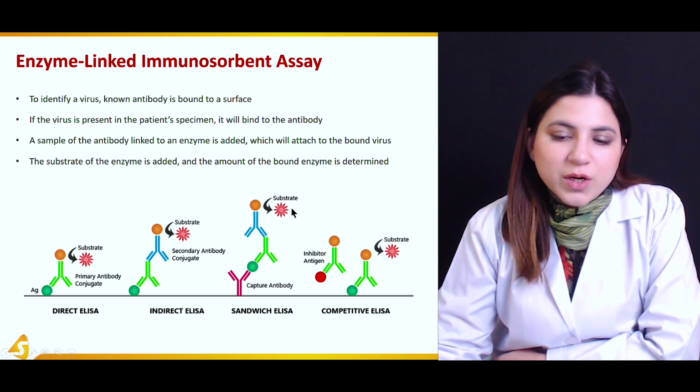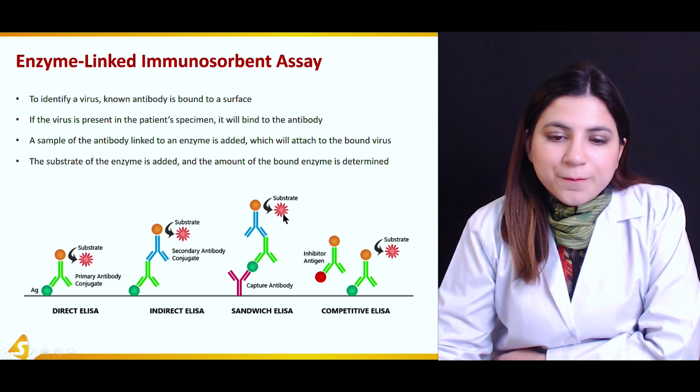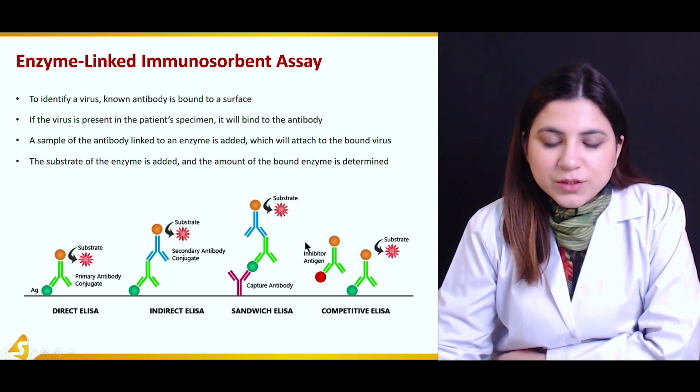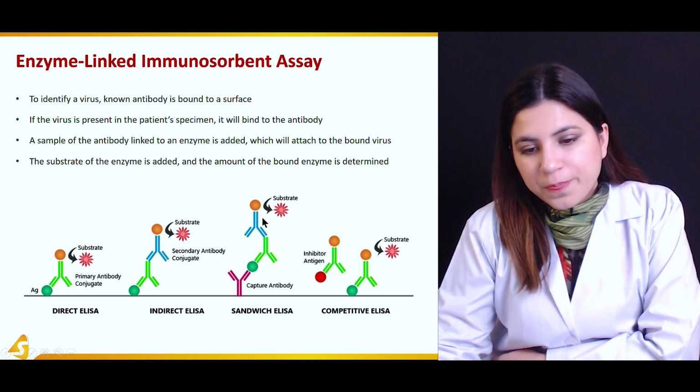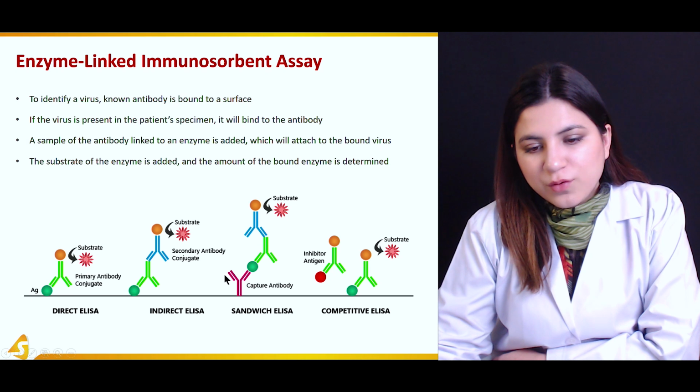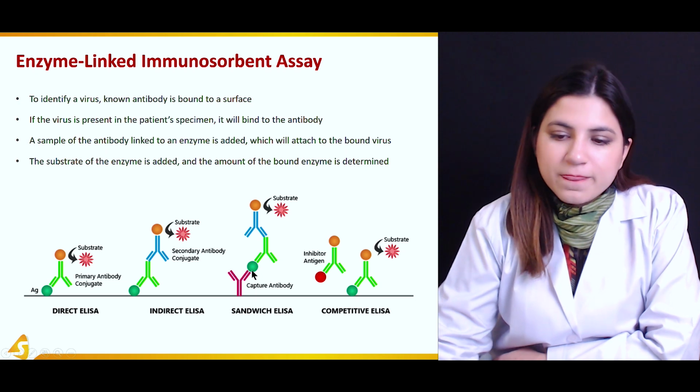After the substrate addition, we can determine the bound enzymes, and we can determine the viruses. Since there are three antibodies sandwiched together, this is called a sandwich ELISA.